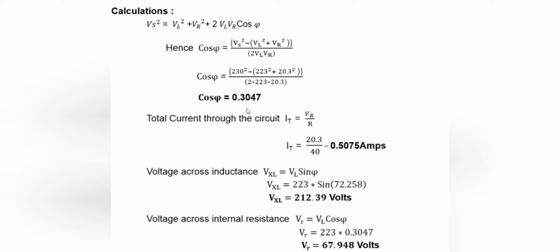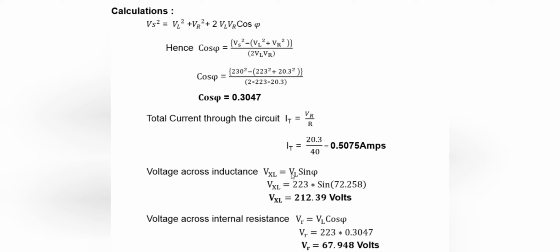After finding the power factor, we need to find the total current flowing through the circuit. The formula is the ratio of the voltage across the rheostat to the resistance. By substituting the values, that is 20.3 divided by 40, you get the total current flowing through the circuit as 0.5075 amps. Next, you need to find the voltage across the inductance using this formula.